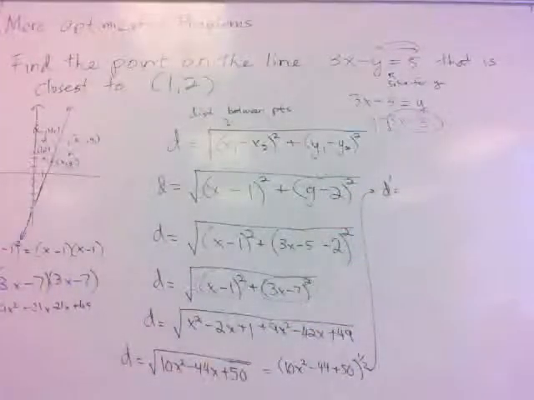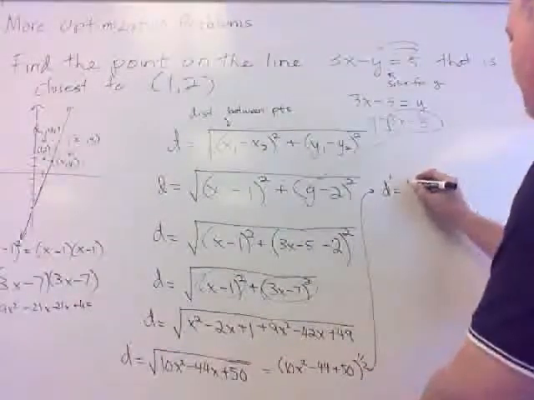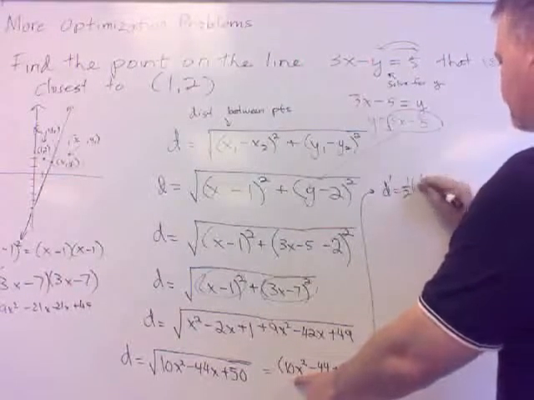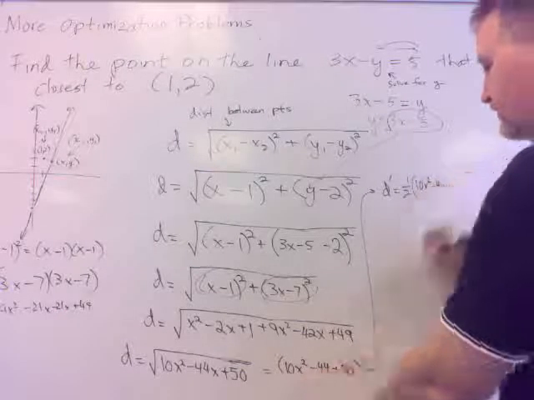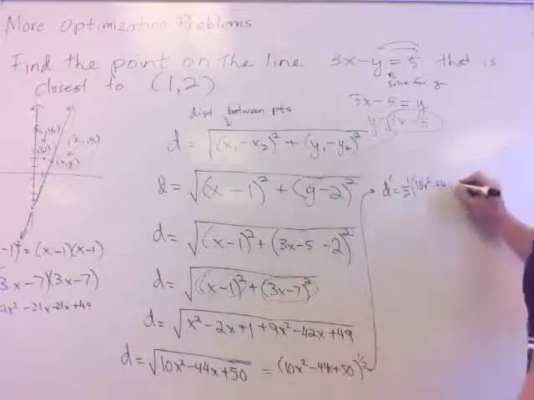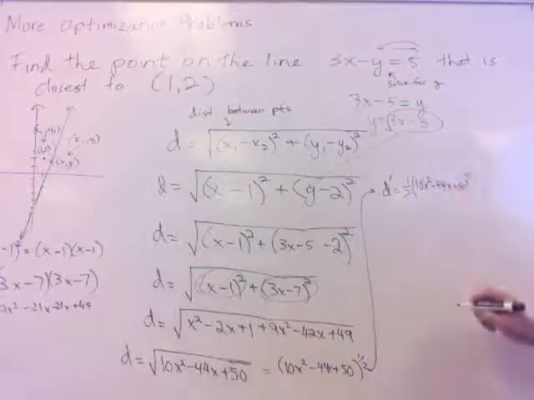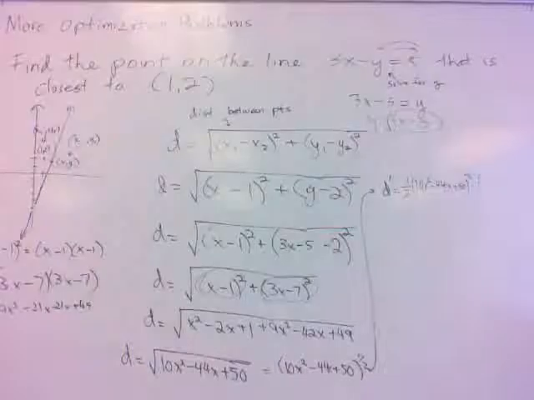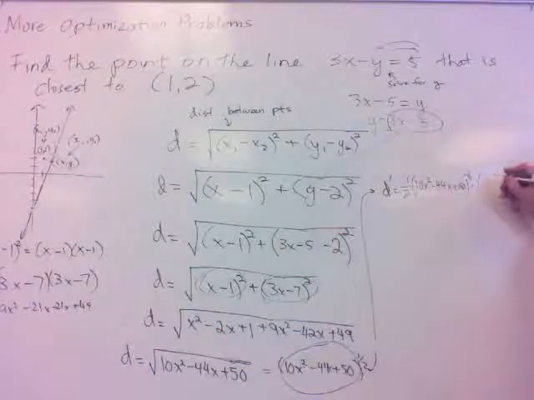Okay. So the derivative, chain rule, says do the power outside. So it'll be 1/2. The inside stays the same. Then subtract 1 from the power, so we have negative 1/2. Then multiply that by the derivative of the inside, which would be 20x minus 44, right?